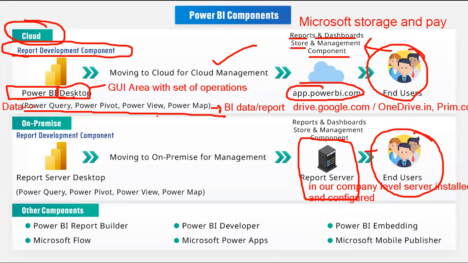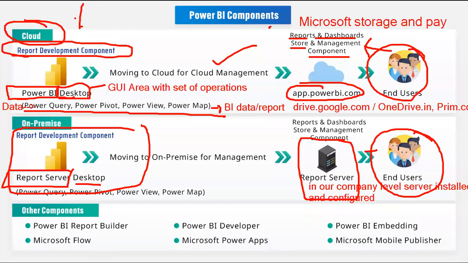And what about development, sir? We have the same component, but the name is slightly changed. Report Server Desktop. What do you call it? So cloud people use 1, 2. On-premises people use 1, 2.